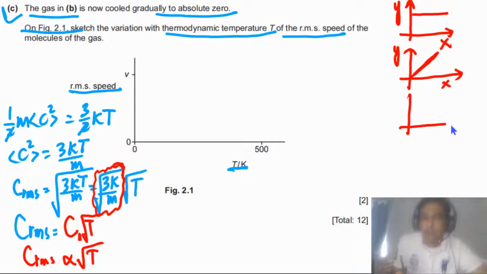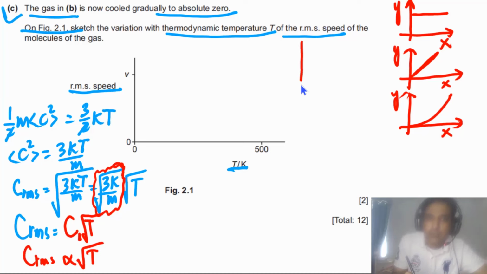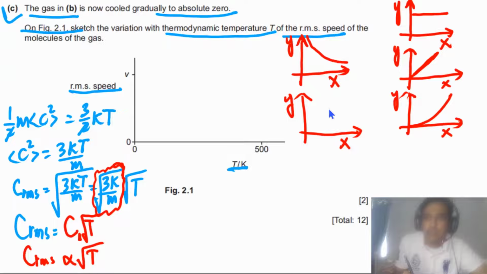It is also possible you will see this shape of graph, like this, and this kind of graph, like this, very steep one. This is less steep and this one is much steeper. So let me redraw this so you can understand better.